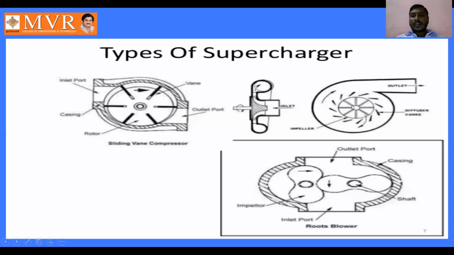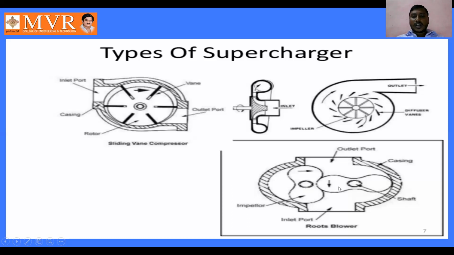Now we can observe the diagram of the roots blower. Here we have the inlet port. From the inlet port the air enters the roots blower, and by using these two rods it rotates. The roots, meaning the impellers, rotate in the anti-clockwise direction; this is the casing and these are the shafts.